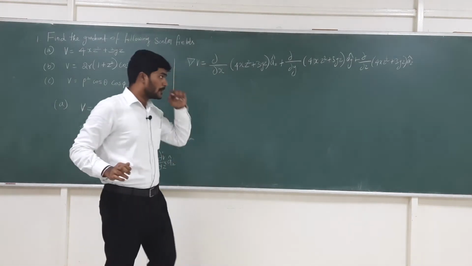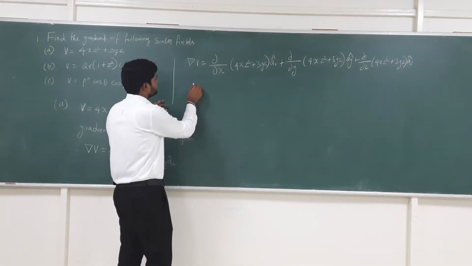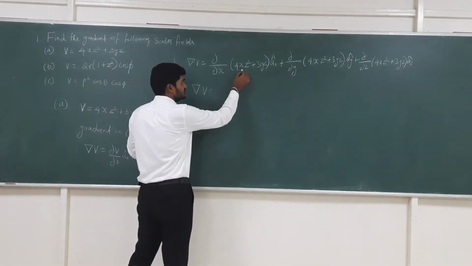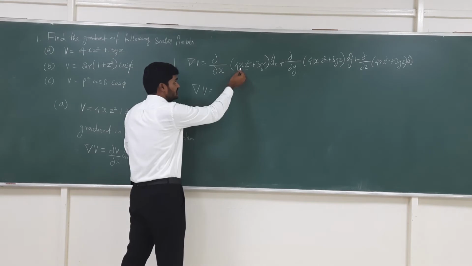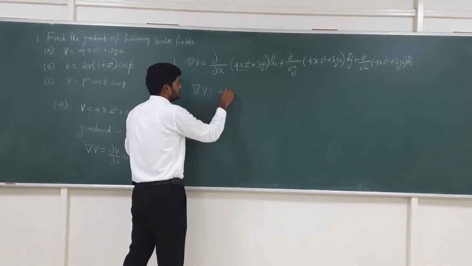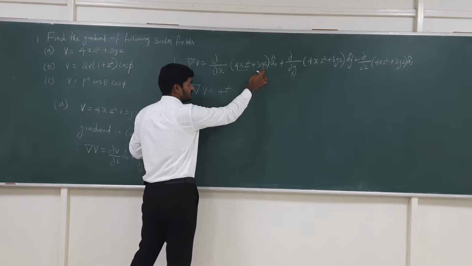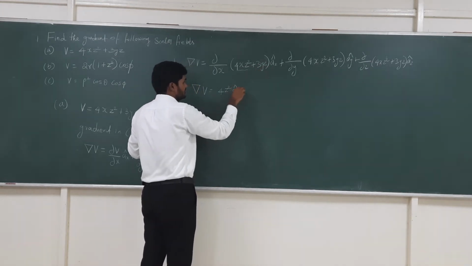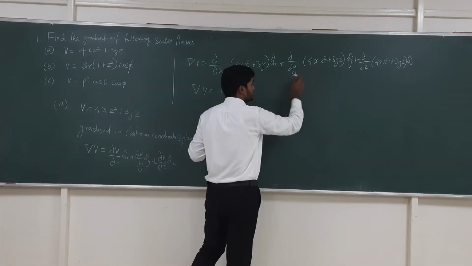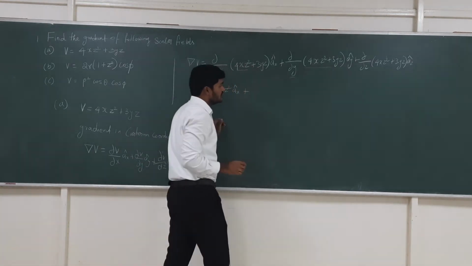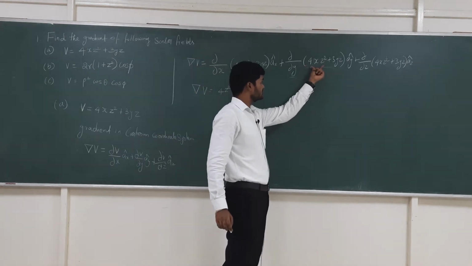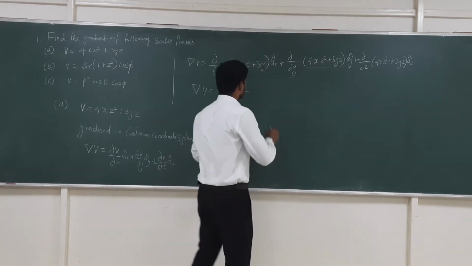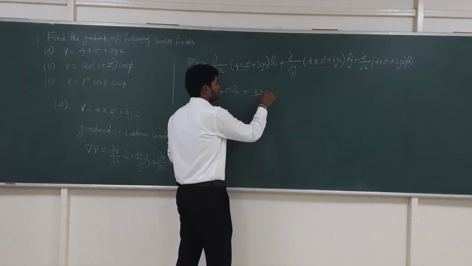Now differentiate with respect to x. The first term has x, and if you differentiate x it becomes 1, so 4z². In the other term there is no x, so it is 0. So we get 4z² ax cap. Next, differentiate with respect to y: the first term becomes 0, and in the second term y becomes 1, so 3z ay cap.